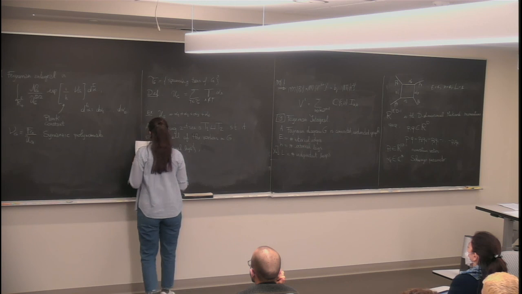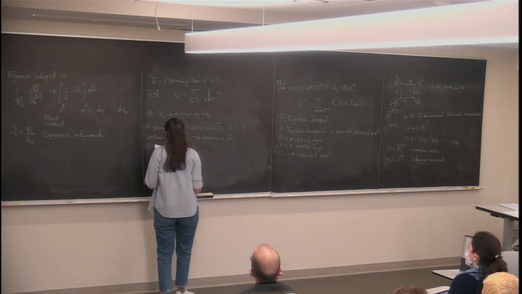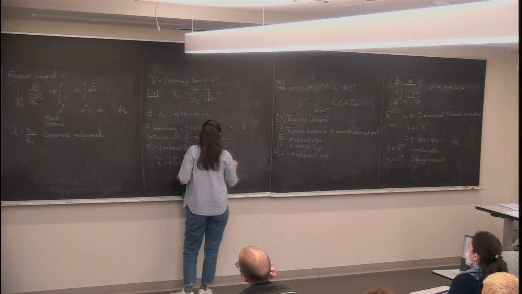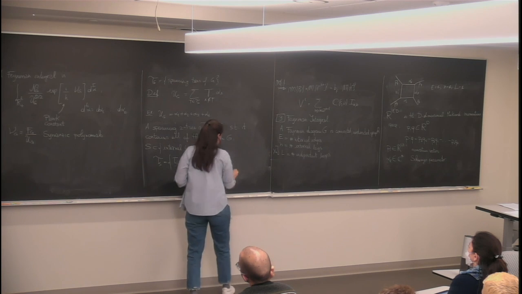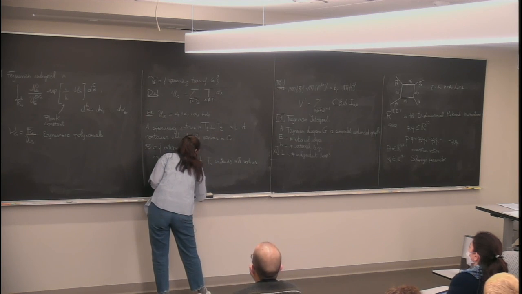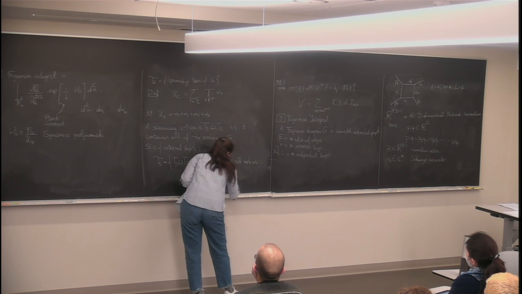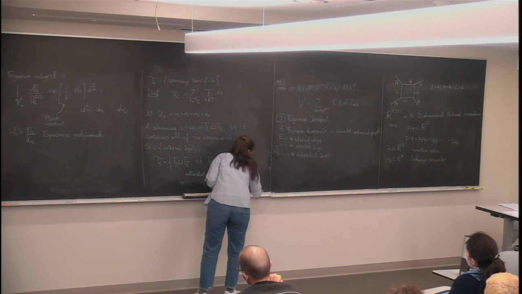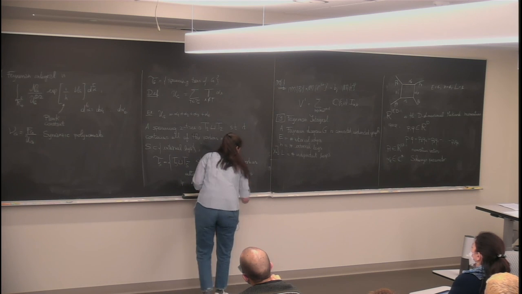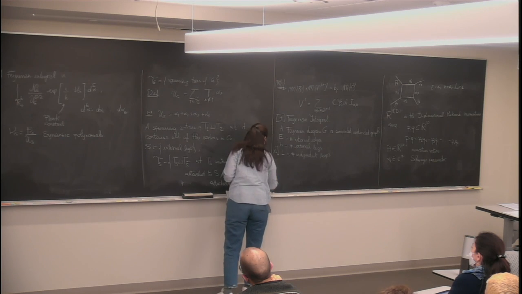So T of S will be the union of all possible spanning 2-forests T_S, T_S bar such that T_S contains all the vertices attached to S, and no vertices attached to S bar, that is just the complement of S with respect to the set of external legs.